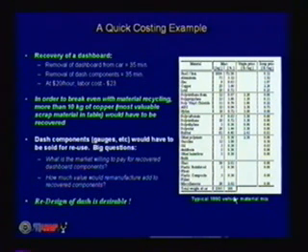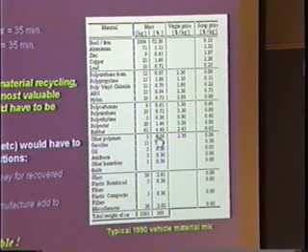But basically here what you're looking at is the types of materials found in a vehicle, some of the major ones, their mass percentage in the car, and the scrap price for those materials that can be recovered, and for some plastics. So the point is, it's not economically favorable or advantageous to recycle the components in the dashboard.